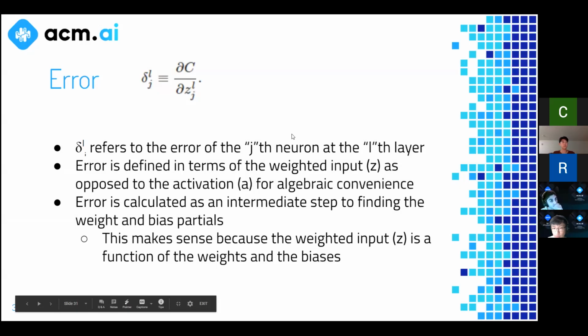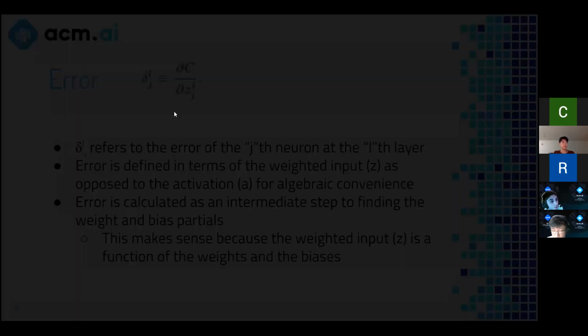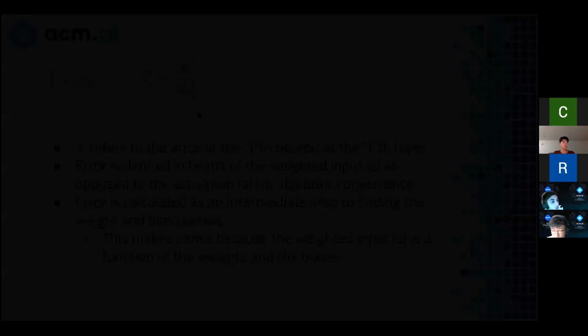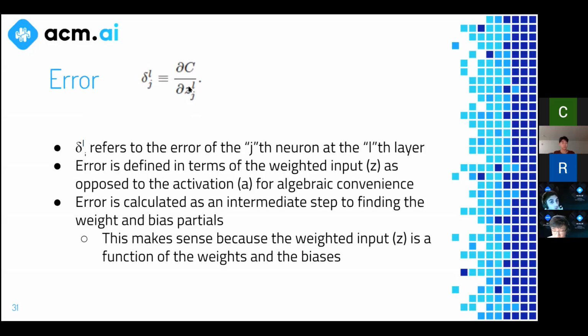Intuitively, this makes sense because what is z? z is like wx plus b, right? So z is a function of w and b. So if we have some sort of encoding of the partial derivative with respect to z, we should be able to derive the partial derivatives with respect to w and b, because z is just a function of w and b. You need w and b to get z in the first place.